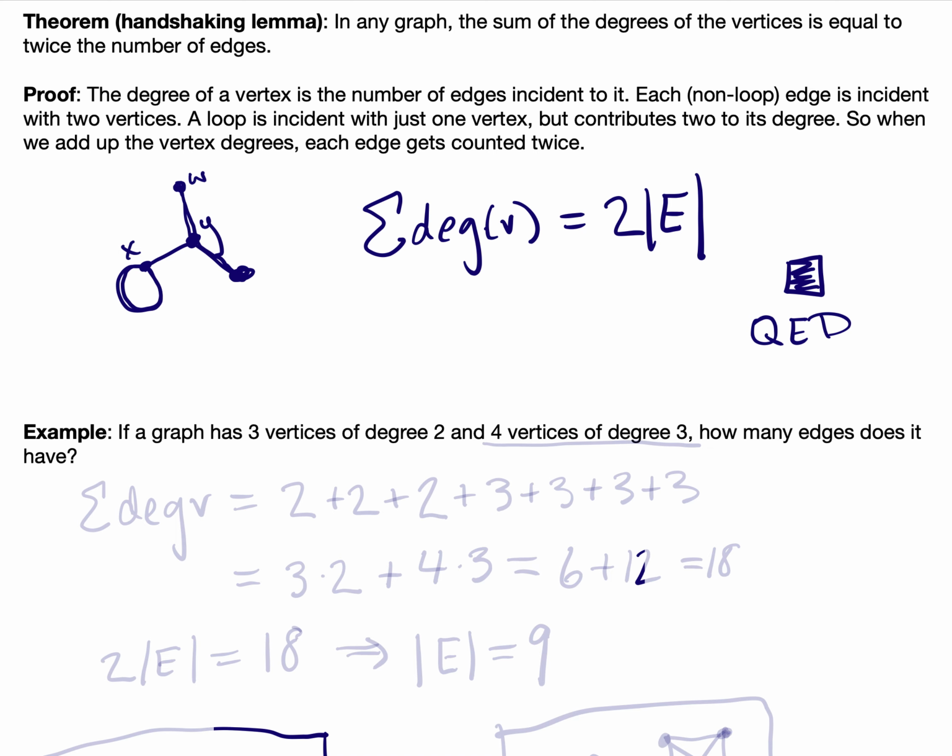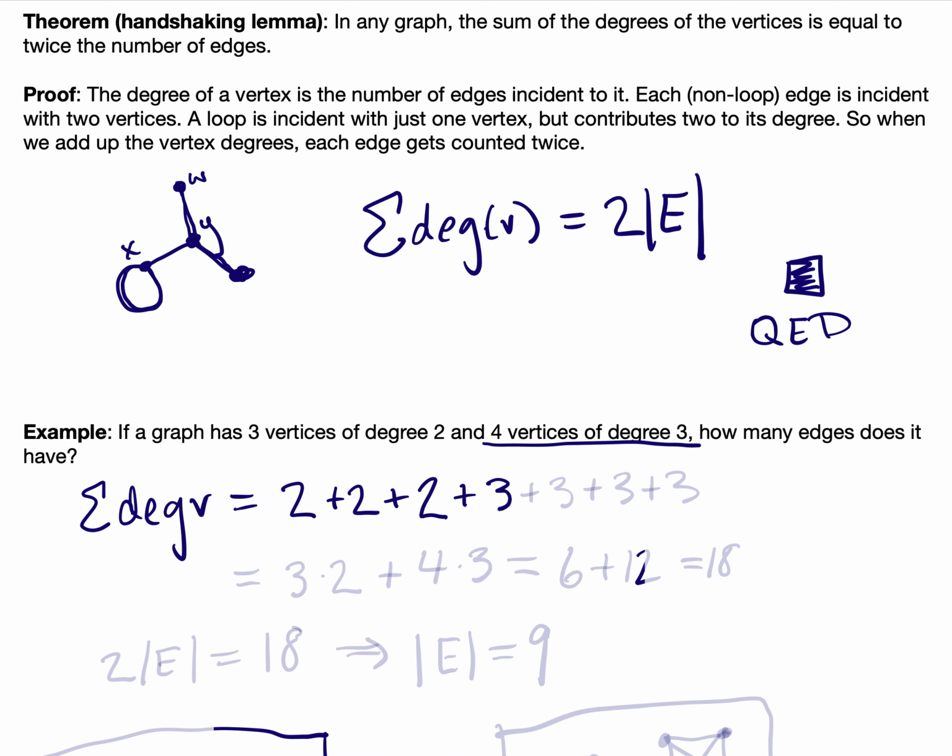So we could draw such a graph and then count the edges, but we could also use the theorem we've just proved. So the sum of the degrees of the vertices is, well, there are 3 vertices of degree 2. So I have a vertex of degree 2, another vertex of degree 2, a third vertex of degree 2, and there are 4 vertices of degree 3.